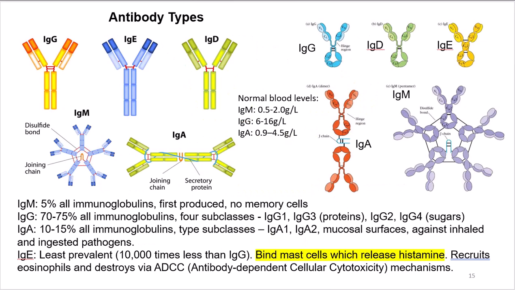So just another recognition. We normally draw these chains as being linear, but actually they end up joining each other in IgD and IgE. They're not quite linear. This is how they actually look a little bit. And actually the same is true for the IgM.